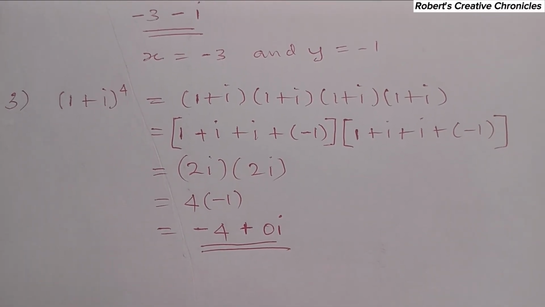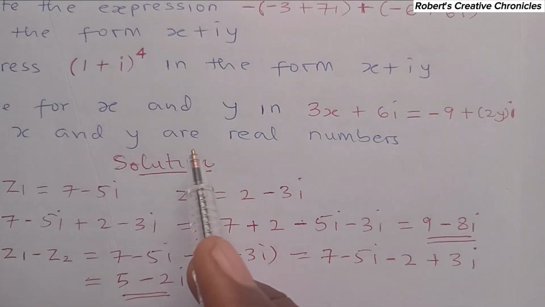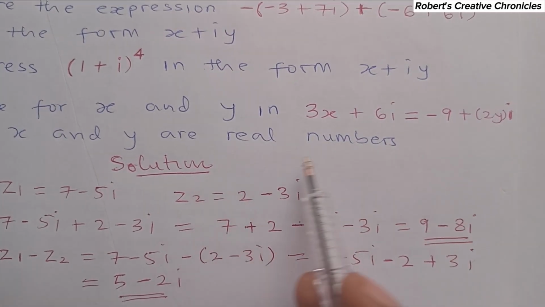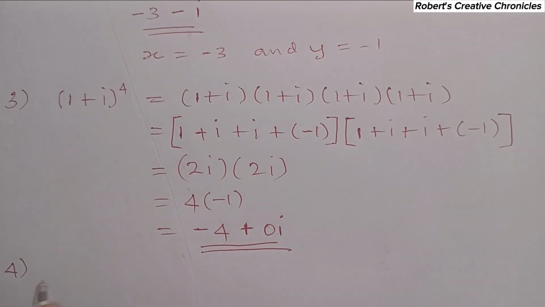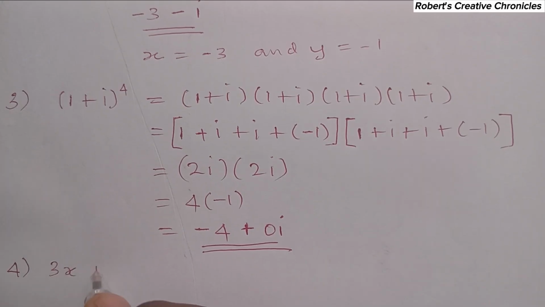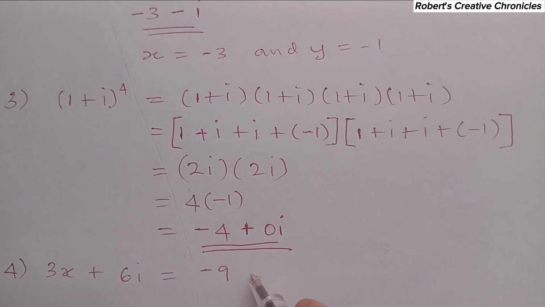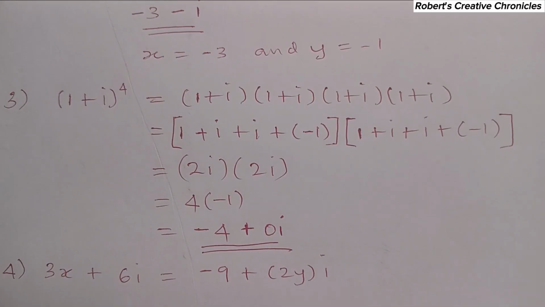Then the fourth part, it says we should solve for x and y in this, where x and y are real numbers. So this is it.